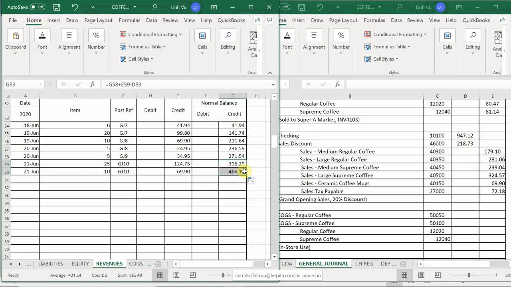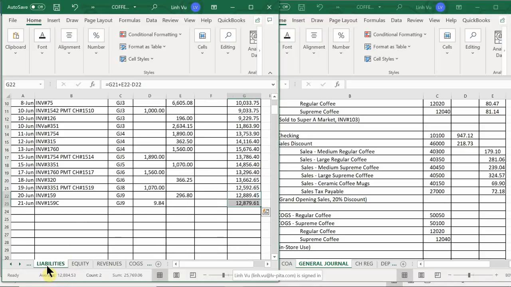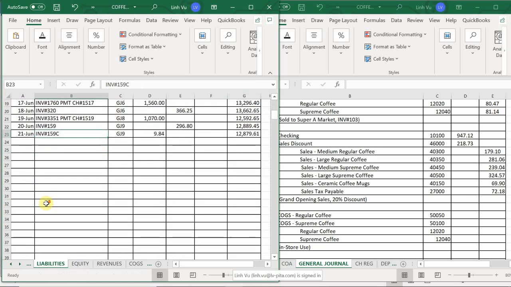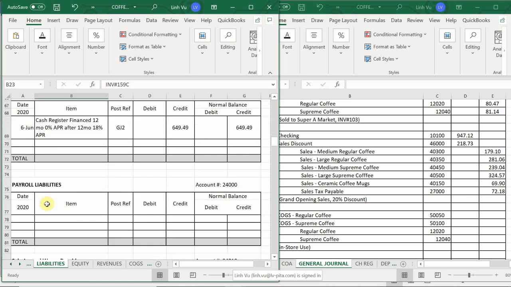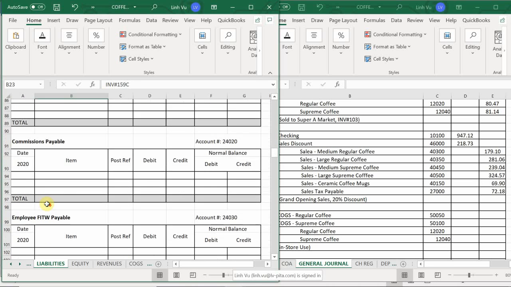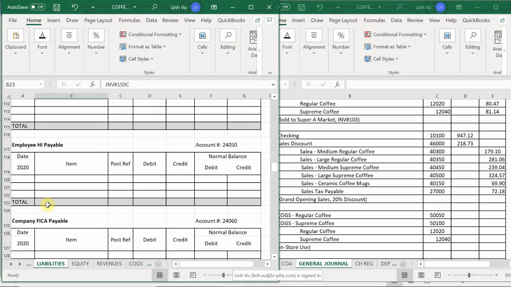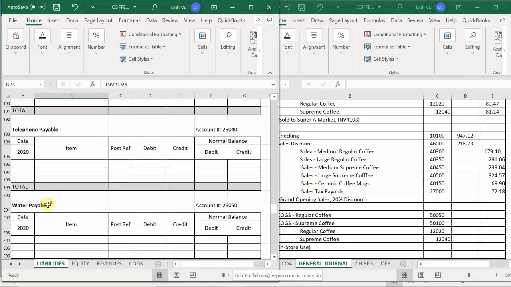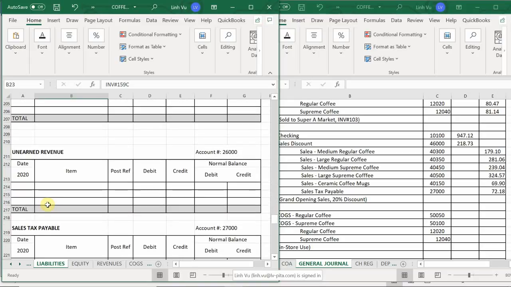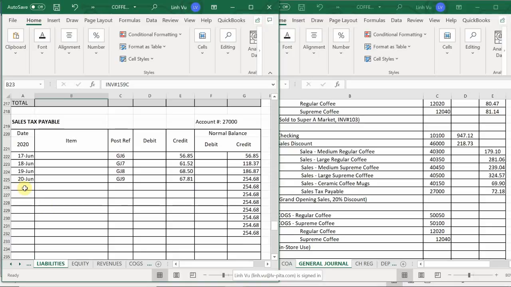And then the last account is sales tax payable. Okay, sales tax payable.